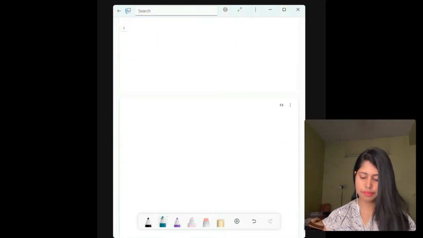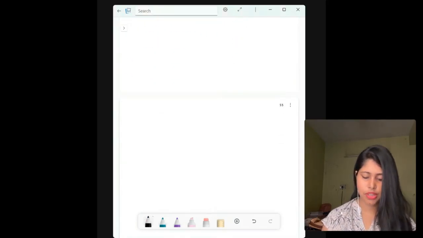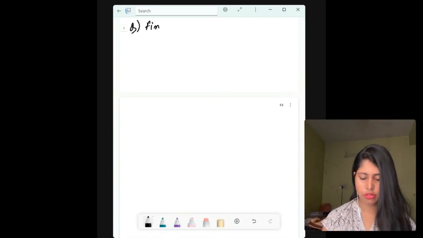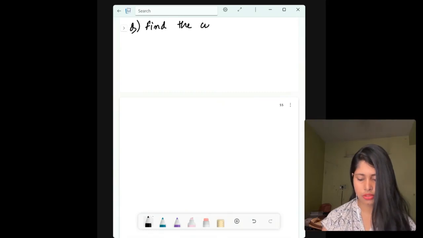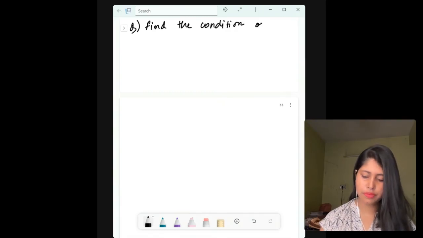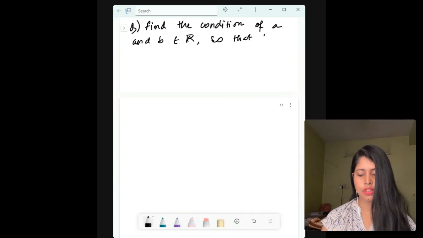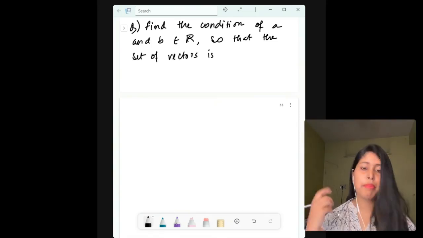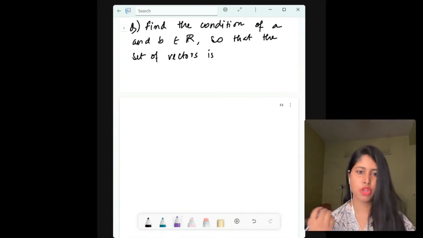The question is: find the condition of a and b, which belong to R, so that the set of vectors is linearly dependent in R3. Okay, I am talking about again linear dependence.